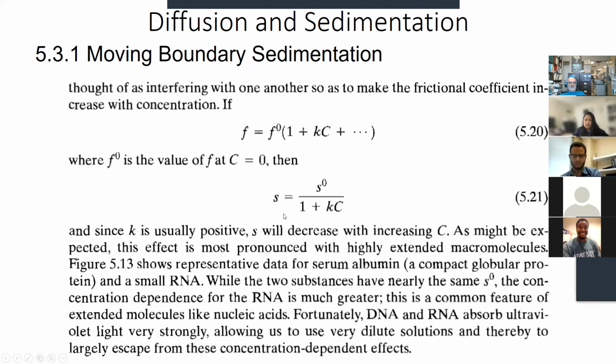So S will have a concentration dependence. And so there will be this parameter K, which I would call hydrodynamic non-ideality, concentration dependence of S, that reflects something about its volume and charge in generality. It will be bigger depending upon how extended the molecule is. It will be bigger depending upon how asymmetric the molecule is.